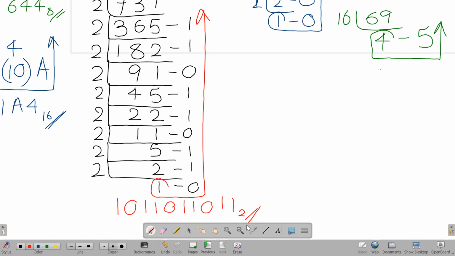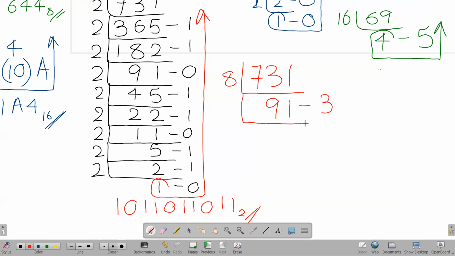731, I'm doing the octal part right over here. For 73, there are 9 times of 8, which is 72, 1 is remaining. For 91, there is 11 times of 8, and 3 is remaining.